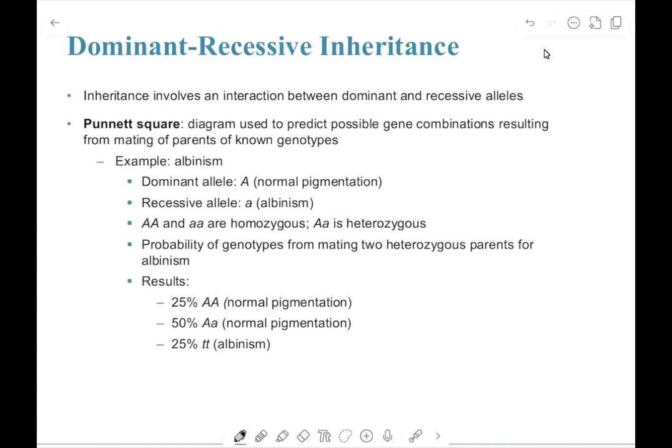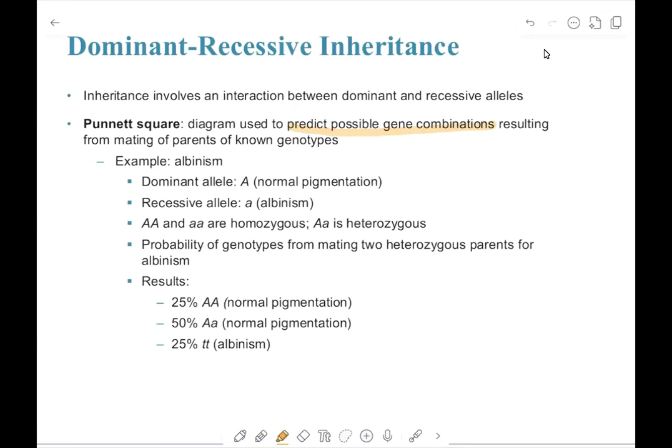You need to identify genotype versus phenotype and know what those are. A Punnett square is a diagram that predicts the possible gene combinations, and they're really, really simple. They are just a table, which we'll see in the next slide.